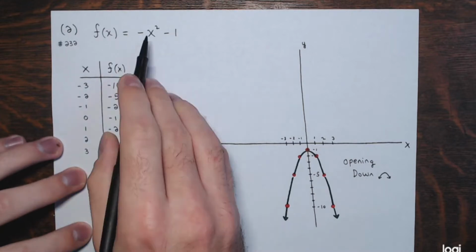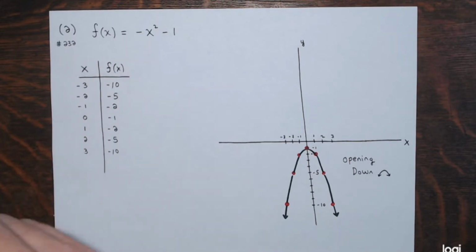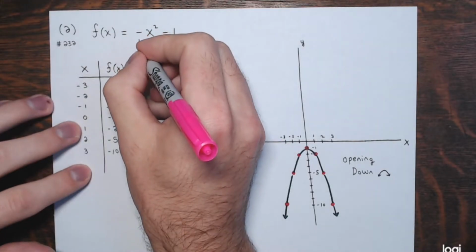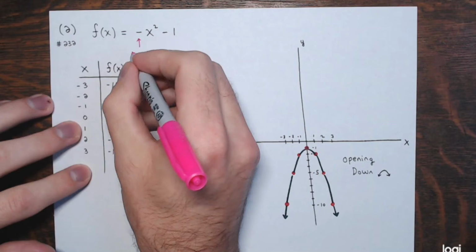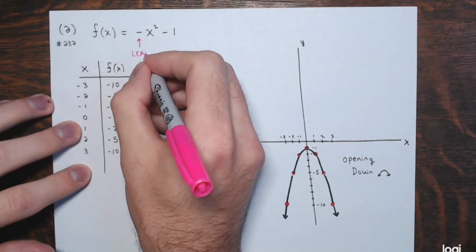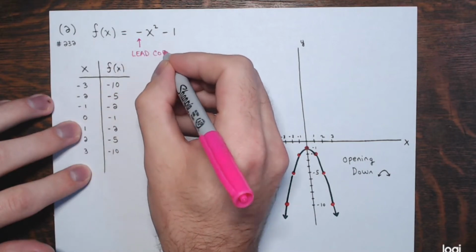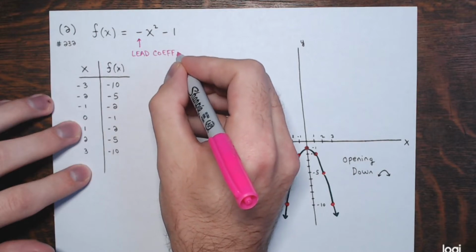And then look at the quadratic polynomial. Right, look at the quadratic function. See the lead coefficient, the coefficient on the quadratic term, is negative. And there is another connection between these.